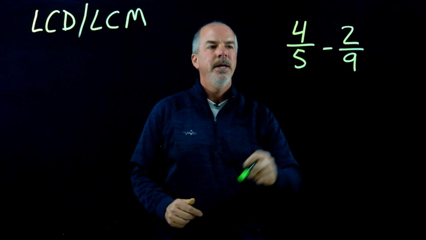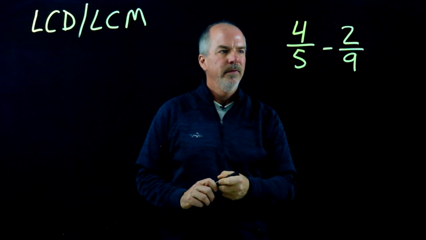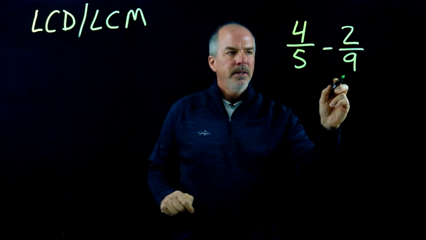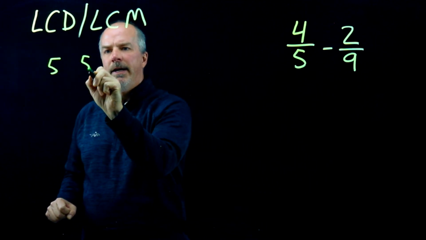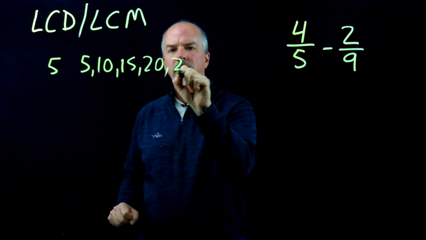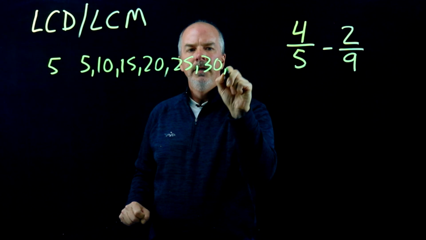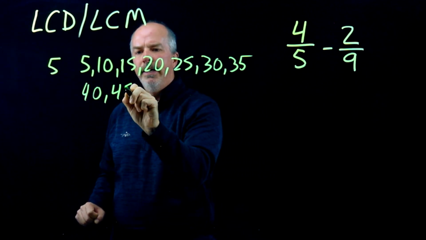Okay, 4/5 minus 2/9. I need to get a common denominator, and I want the least common multiple. So I'm going to list the multiples of 5: 5, 10, 15, 20, 25, 30, 35, 40, 45.